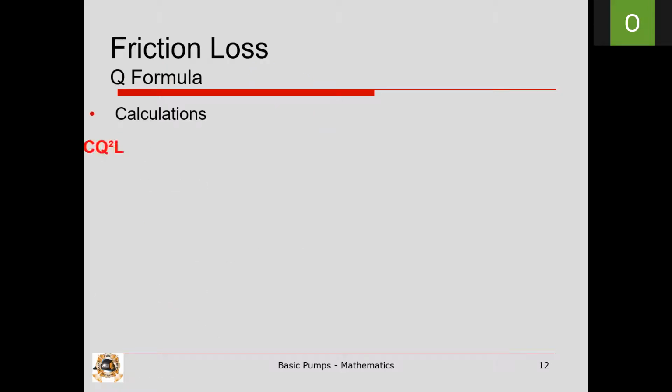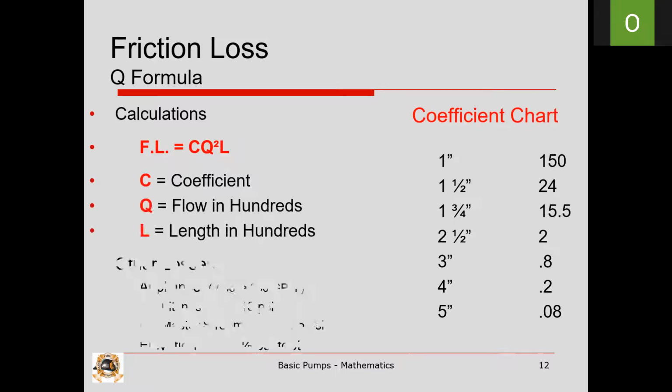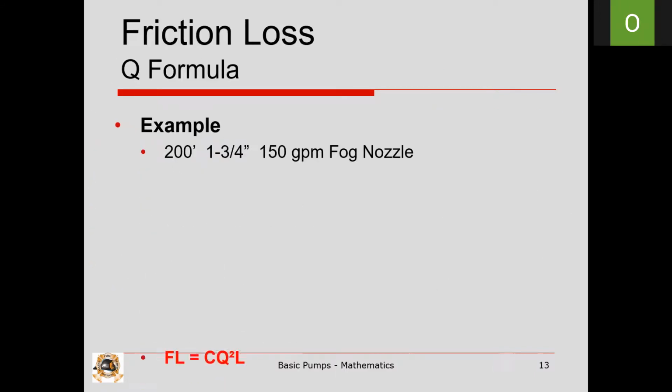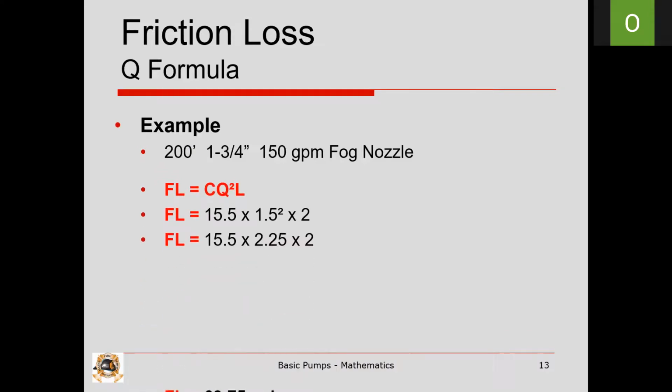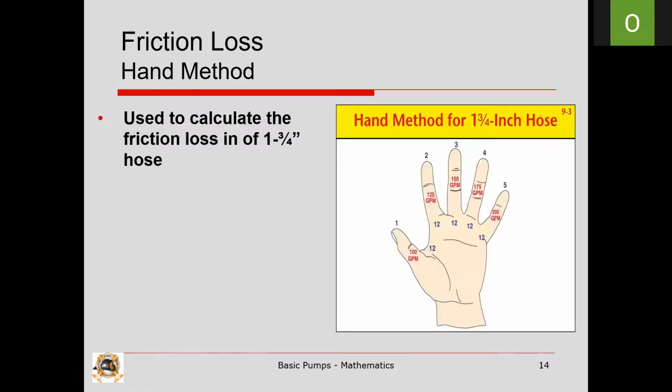Q formulas, we're going to go right past all this, because they're useless on the fire ground. The hand method. Now, I know out here, and I know it's in Scarborough, I know it's been in other places, there are all these ways that you can learn how to figure friction loss.